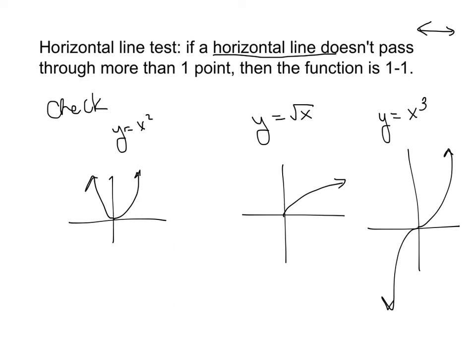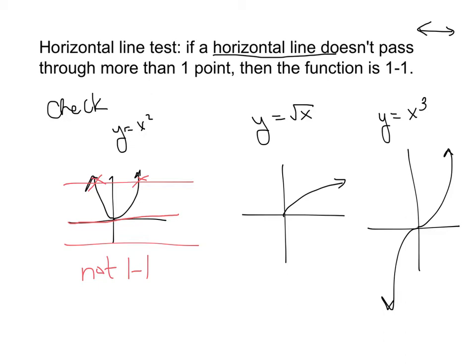If we start looking at each of these, for any horizontal line I put down, notice this bottom horizontal line I drew in red doesn't pass through any, and if I drew it on the x-axis it would pass through 1. But anywhere else, it's going to pass through 2 points, which makes y equals x squared not one-to-one.